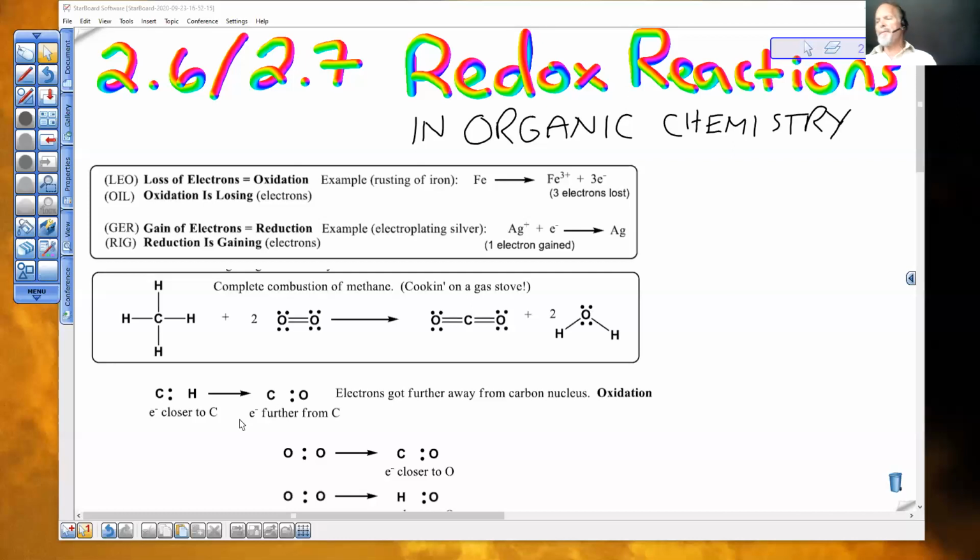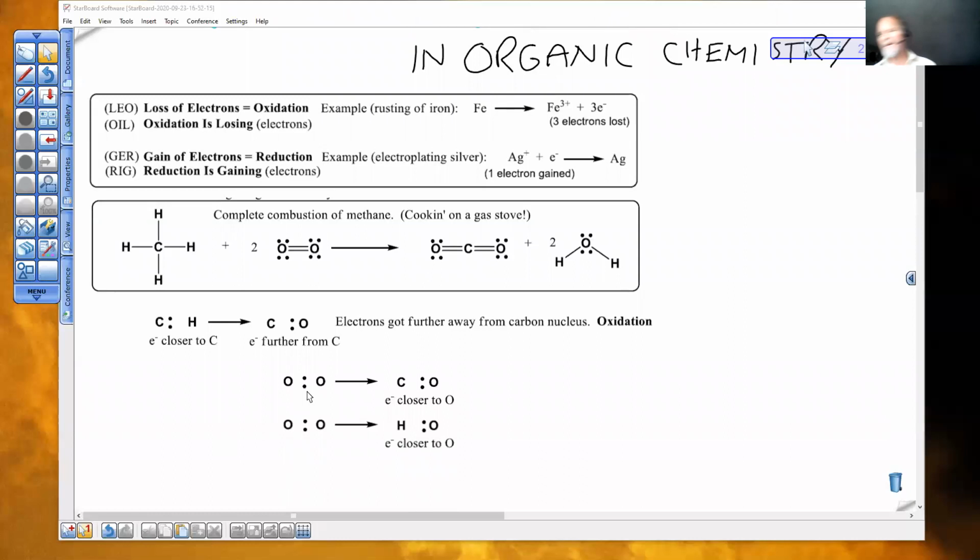Now, in terms of oxygen's perspective, oxygen started with the electrons exactly halfway between the two oxygen atoms. And I know there's 4 electrons in here because it's a double bond, but I'm just looking at any of the individual bonds here. And when you're done, there's 2 fates for oxygen, as you can tell. Oxygen ends up with carbon in carbon dioxide.